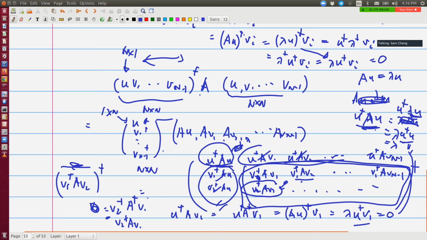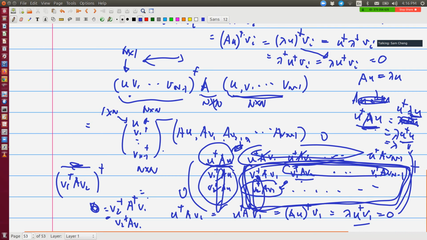So I start with A being n by n. Now if I multiply by this guy, then this is all equal to 0, and this is all equal to 0, and the remaining part is Hermitian. Now I can repeat the step again, right? Just focus on this part and find another U, basically find the eigenvectors of this guy, and then find the orthogonal space of this guy, and then I can reduce again to get this part equal to 0, this guy equal to 0.